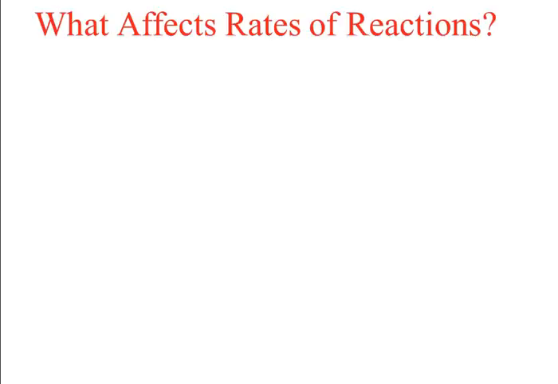Alright, so we're going to talk about some things that will affect the reaction. We're going to talk about them in terms of speeding up the reaction, but it could also be the opposite, slowing it down. So what are some factors that help speed up a reaction? Again, it's about those molecules moving and bouncing into one another. If we have more concentration of reactants, let's think about cars going down a highway.